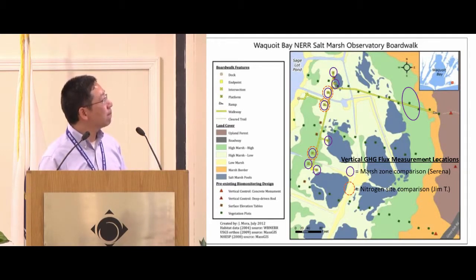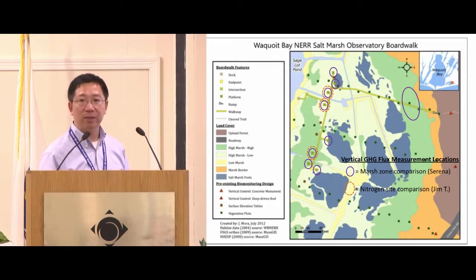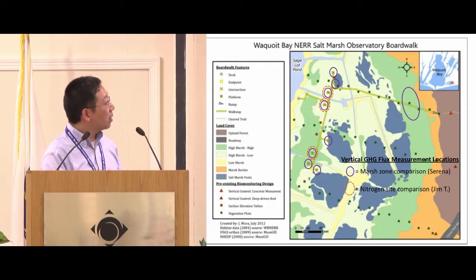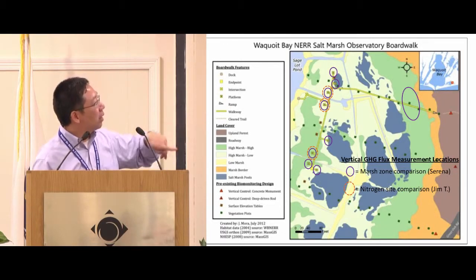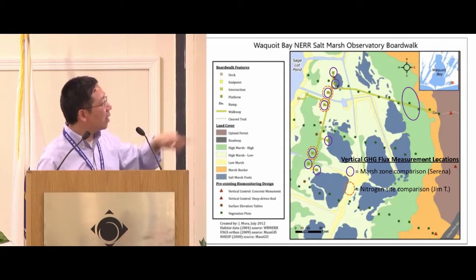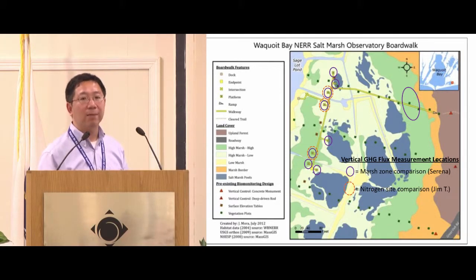So we spent a lot of time in the field making those gas measurements. I can show you quickly, we have a long boardwalk, designed and built by the staff, particularly Jim Russell and others, and it helps us bring our sophisticated, state-of-the-art analyzers to the field without impacting the system much.